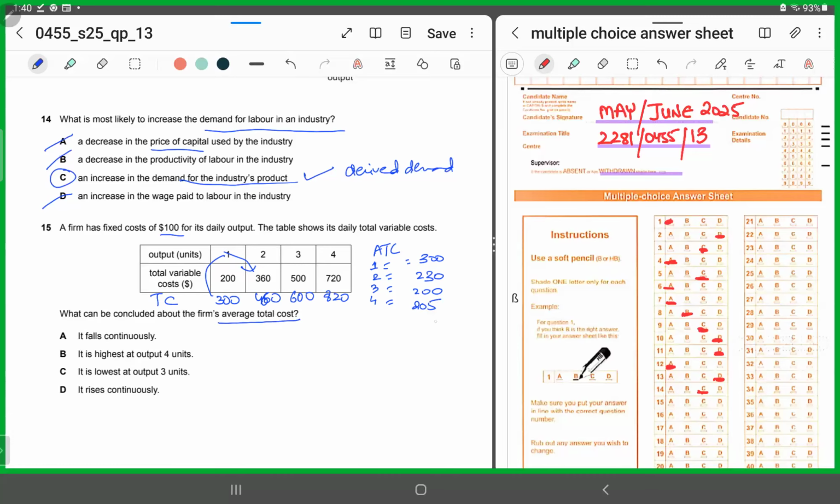So this is the average total cost at each output level. Now what's happening? It kept on declining till unit 3, but when output was at unit 4, it rose.